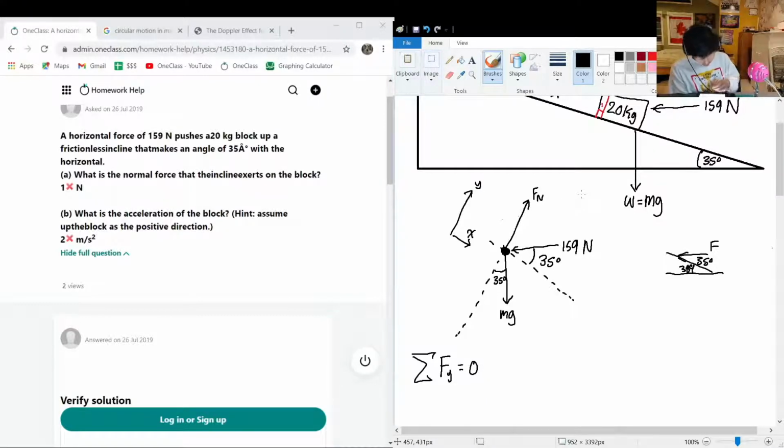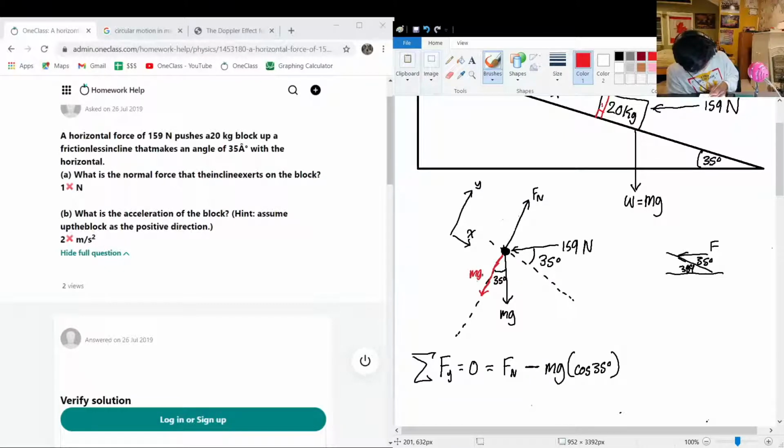Okay, now what are our forces in the positive y direction? We have Fn, and there's no need to have any angle associated with it. Okay, now let's look at mg. mg is going in the negative y direction, so we got negative mg, and we're also going to multiply this by a factor of cos 35. The reason why is because we want this component right here.